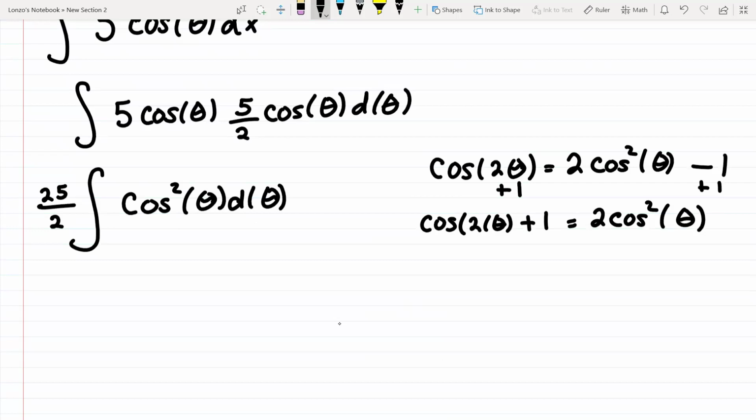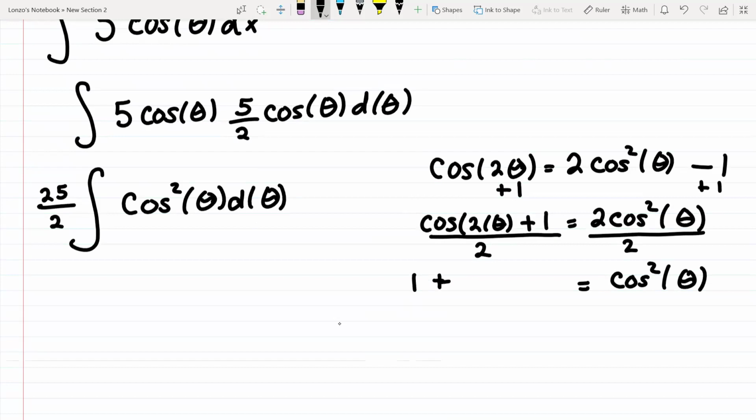And then I'm going to get rid of this 2 by dividing both sides by 2. So on the right, you're left with cosine squared theta. And then on the left, if I put the 1 first, it would be 1 plus cosine of 2 theta, all over 2. Okay. So I'm going to replace this cosine squared theta with this whole thing.